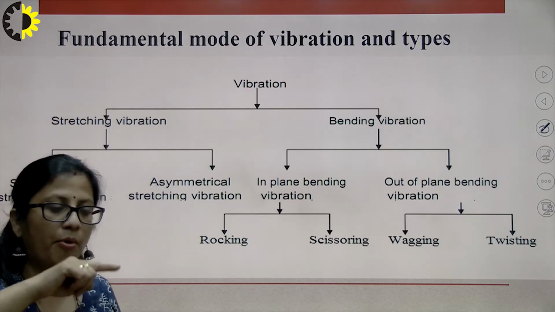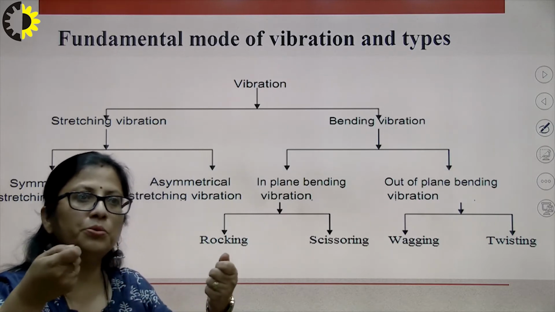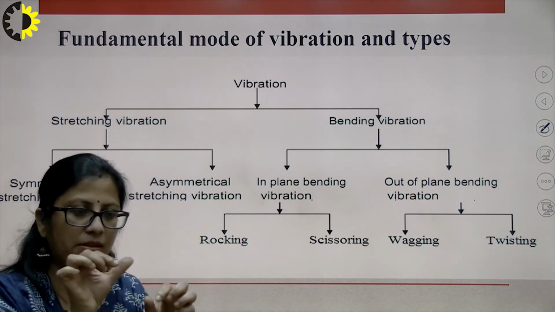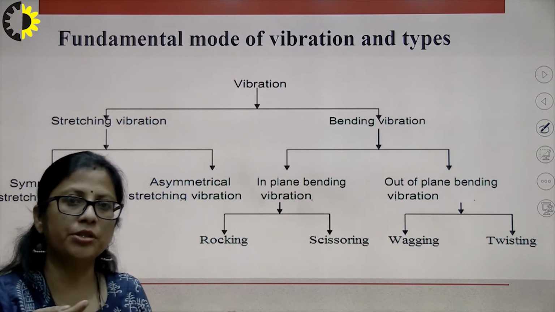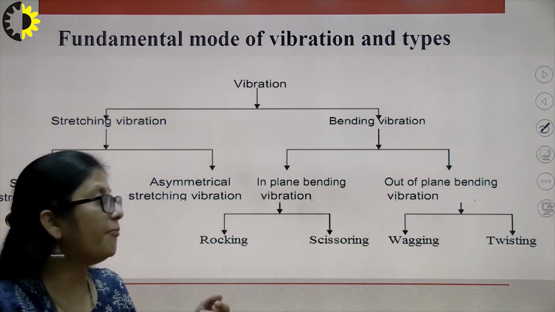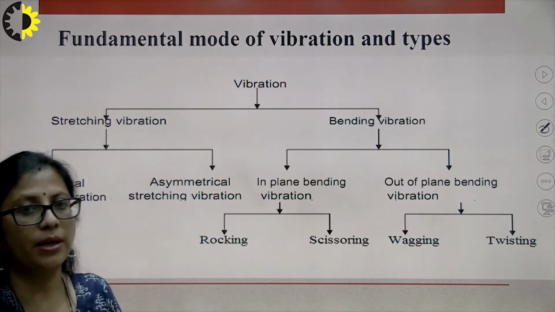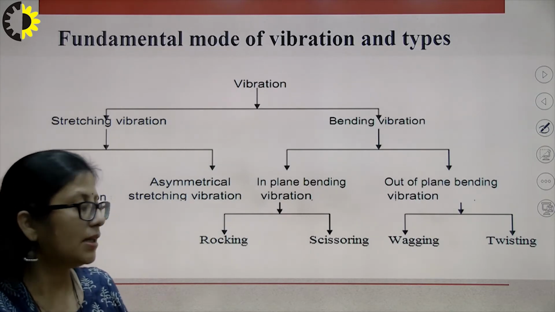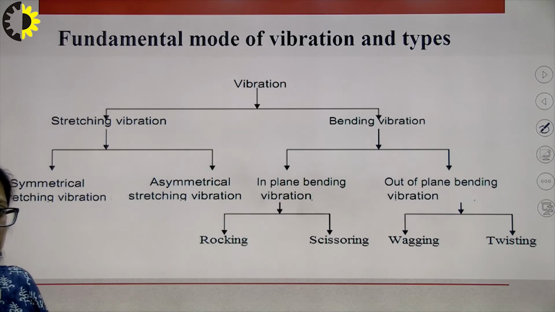And since the bond is like a spring, we require more energy to stretch a spring in comparison to bending a spring. Therefore, stretching vibrations are seen at the higher frequency side, whereas bending vibrations are seen at the lower frequency side. And we are going to concentrate more on the stretching vibrations.